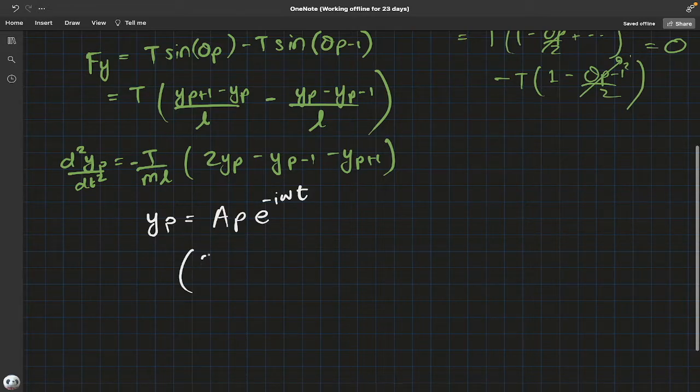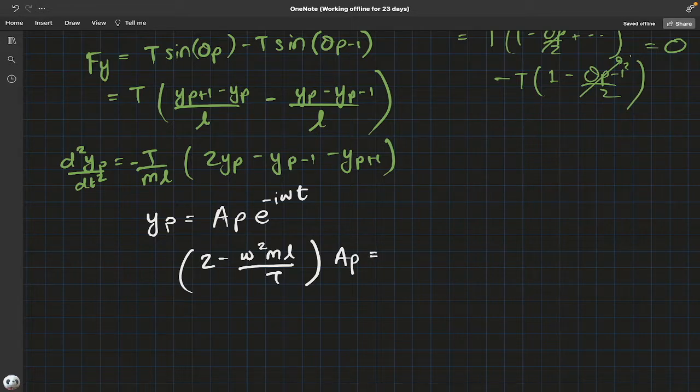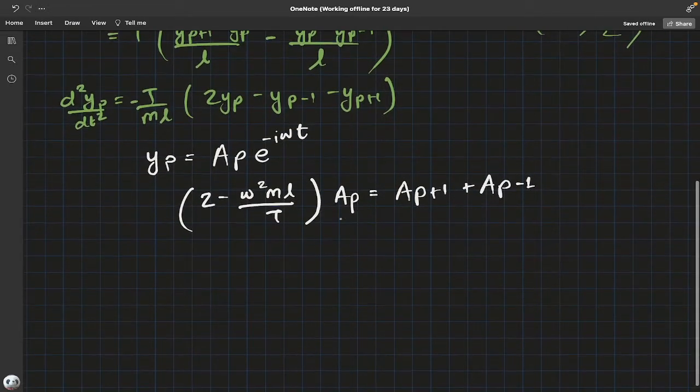So if you plug this in, this simplifies nicely. And of course, this is for y_p. y_p minus 1 will have just a sub p minus 1, the corresponding amplitude. So taking that into account, we have a situation like this. I'm just simplifying the algebra real quick for you guys.